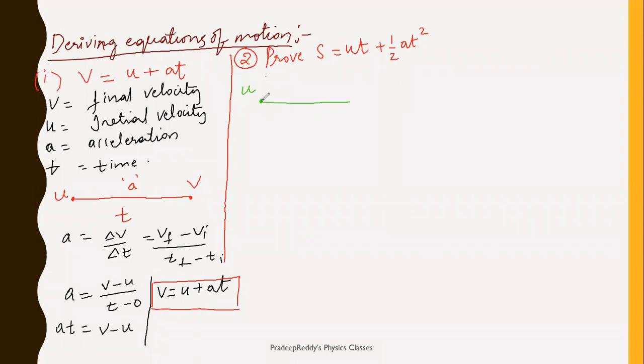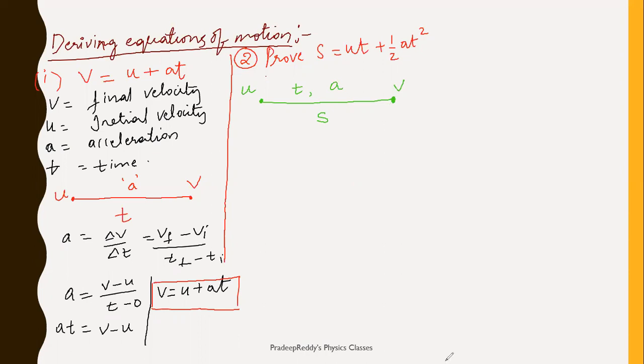It is traveling up to a certain distance, say s. Finally, it has arrived at a velocity v. Now it is taking some time t to travel this distance s, and the body is moving with uniform acceleration a.